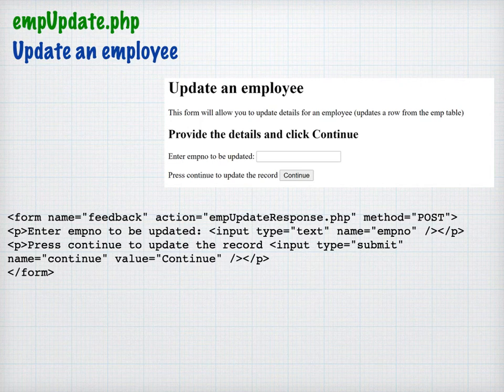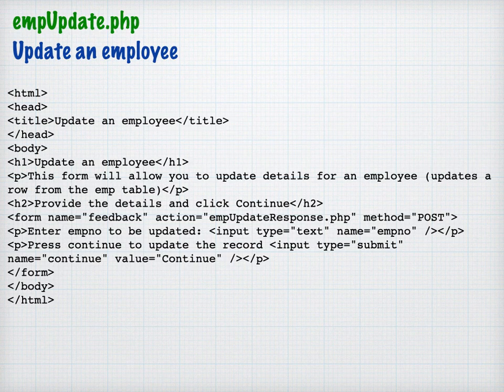And you can see that here in the HTML of the form. If you look at the first line, the action is emp update response.php, and I'm passing the information through using post. So there's no real surprises in here. It's a form, we've got an action, we've got a post, we've got our text entry field, and we've got a button. That's about it.